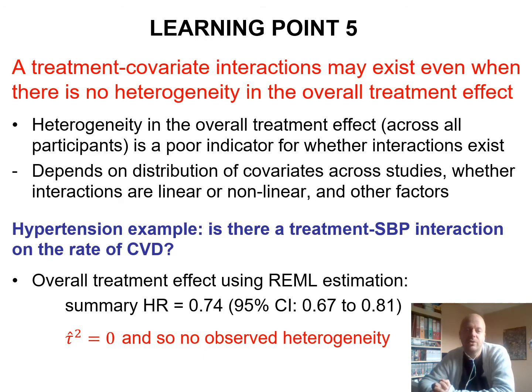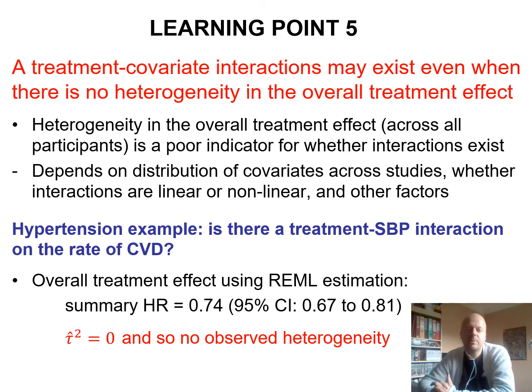Well, that's not necessarily a good way of thinking, because heterogeneity in the overall treatment effect is a very poor indicator of whether interactions exist, because it depends on the distribution of covariates across studies, whether interactions are linear or nonlinear, and other factors. So you may have an interaction that exists when there's no heterogeneity, and there may be no interactions even when there is heterogeneity. So don't use heterogeneity as a marker for whether you should do an IPD meta-analysis or not.